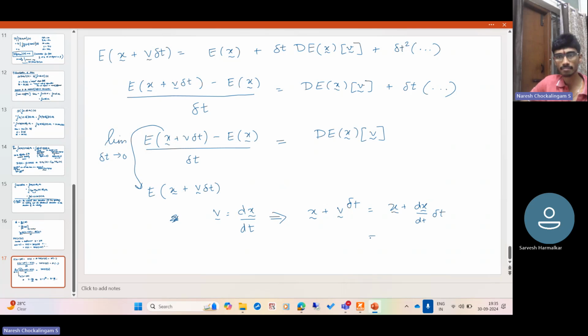This you can write roughly as x of X comma t plus delta t, right? So you're keeping the same material point fixed.